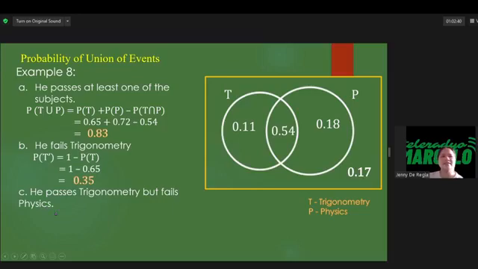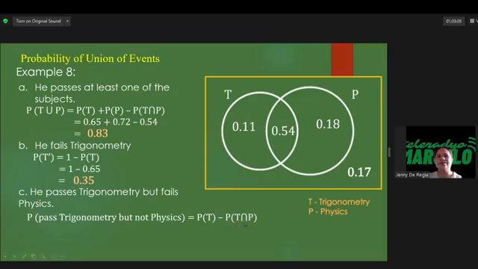Next, letter C. He passes trigonometry but fails physics. Okay? So the probability of passing trigonometry but not physics is equal to the probability of passing the subject trigonometry minus their intersection.